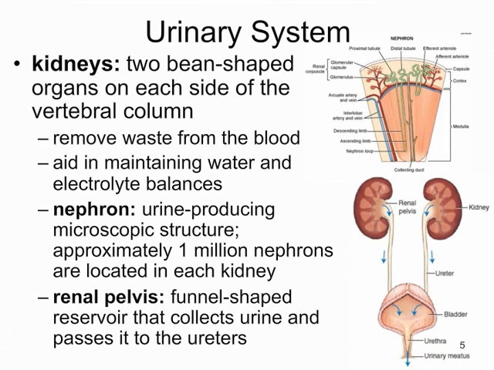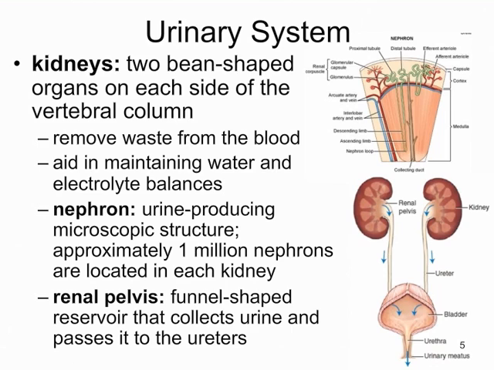And because it does this, it can also pull water out of the blood as well, and therefore regulate water and electrolytes. We're not really going to get into the specific anatomy and physiology of the kidney, but the basic urine-producing component, or the basic unit of the kidney, is called the nephron.